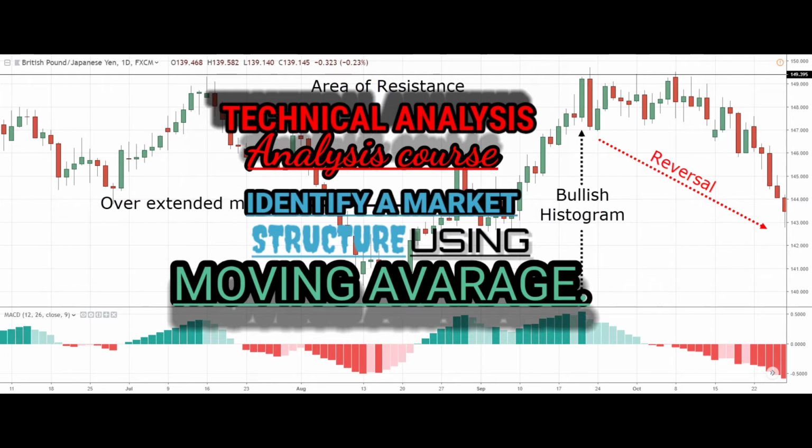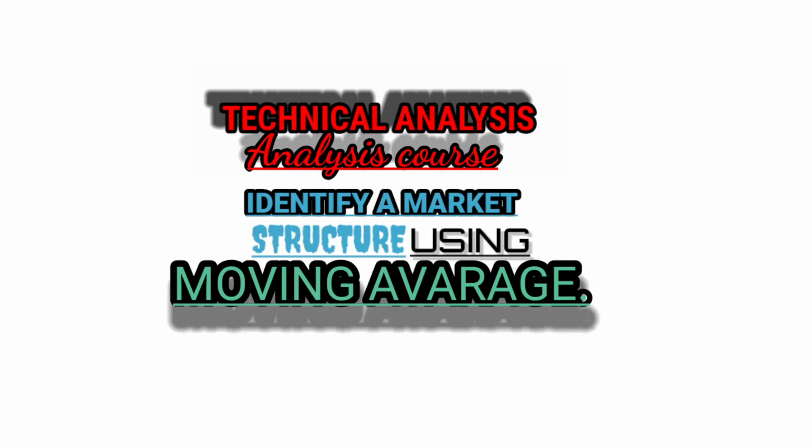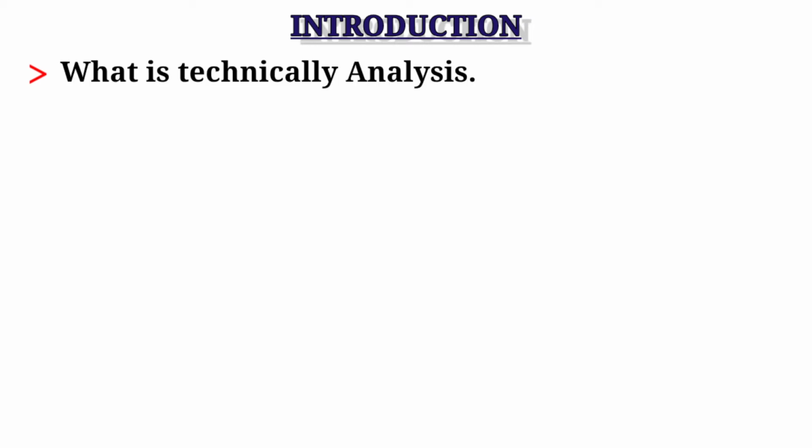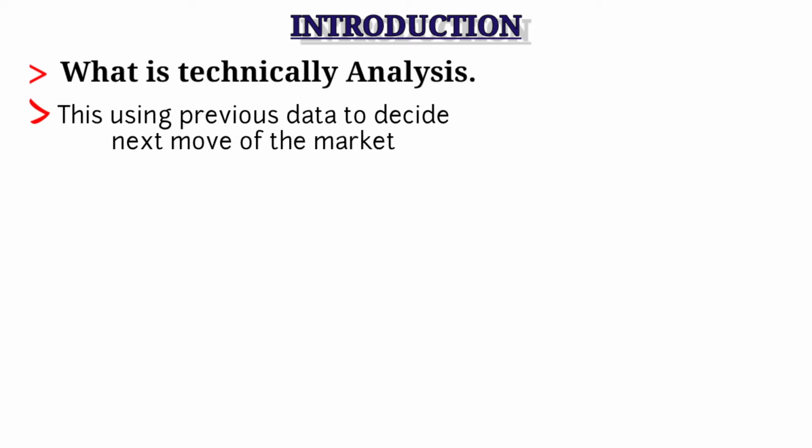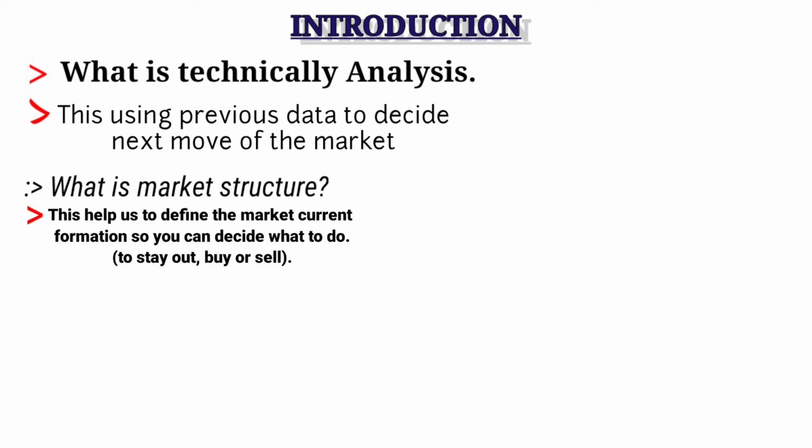Now, introduction. What is market structure? We always define technical analysis as using previous data to decide the next market move. Now, what is market structure? Market structure helps us to define the market's current formation so that you can decide what to do next.